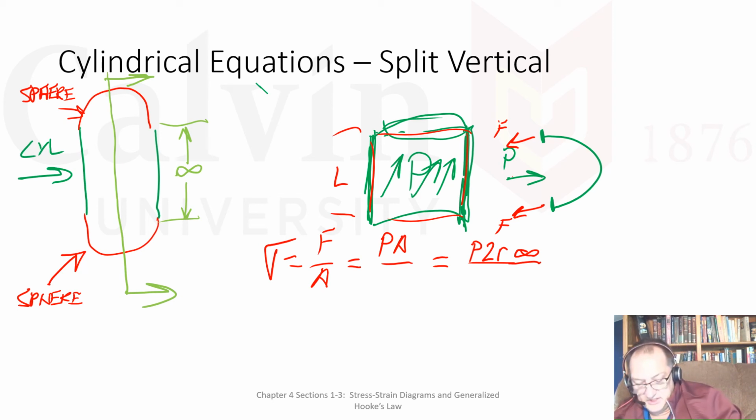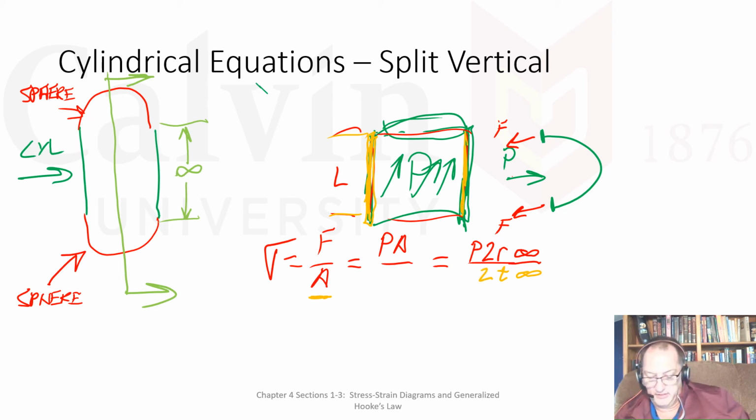And then what's this area that's now resisting? Well, that's going to be this length or this height. Okay, well that works out because that's infinity. And it's going to be times the thickness of the material, but I've got 2 of them. That would be infinity times the thickness times 2.